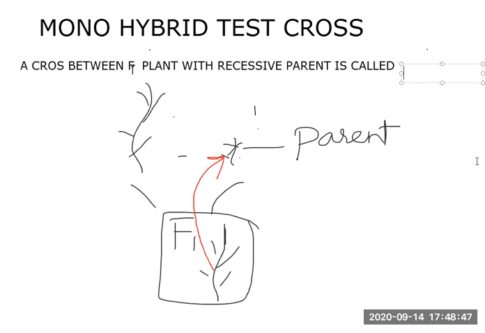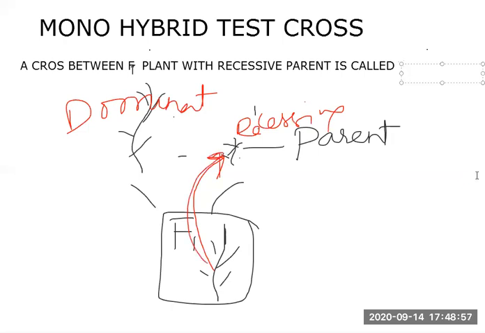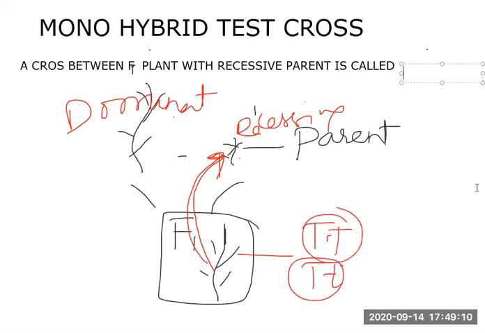The tall plant is called the dominant parent and this is called the recessive parent. A cross between the dominant parent and the recessive parent is called test cross. Why are we doing this cross? To know whether this particular F1 plant is homozygous or heterozygous.